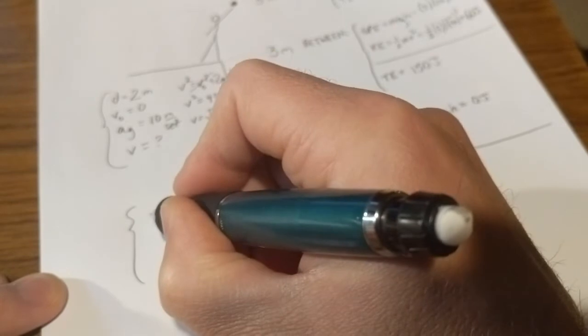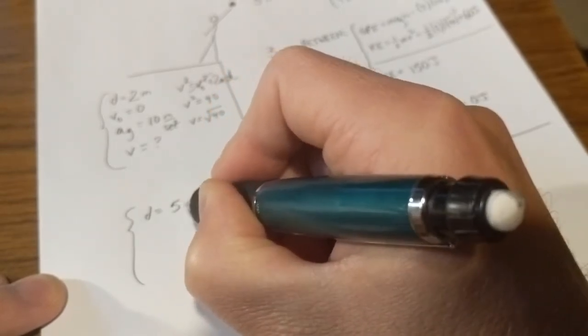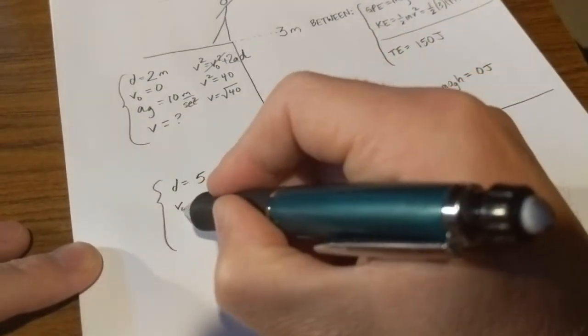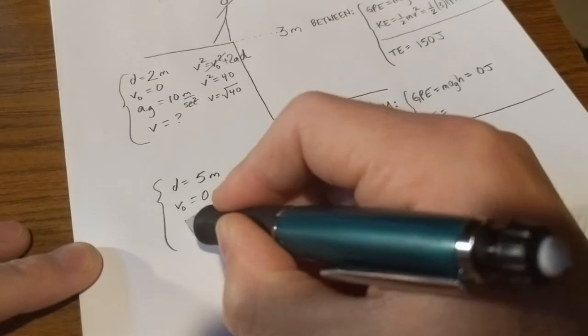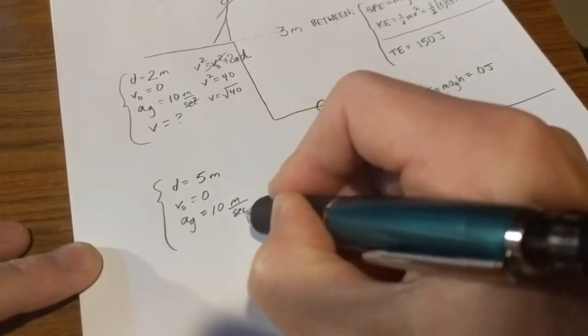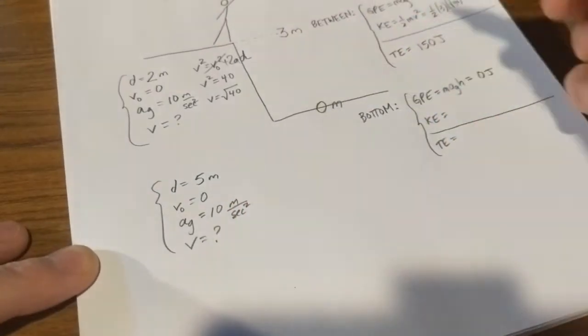Again, we want to know that if this ball has fallen 5 meters from rest, accelerating because of gravity, how fast will it be going when it gets to the bottom?